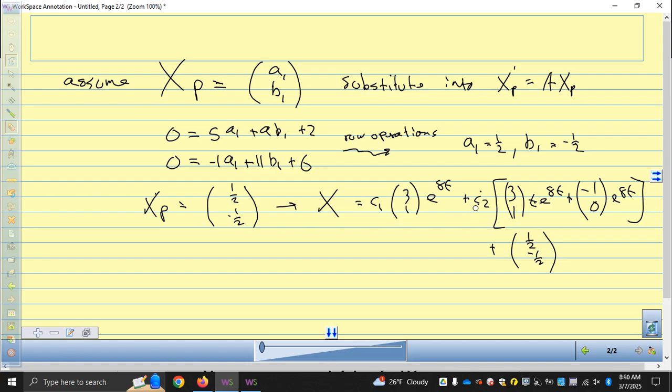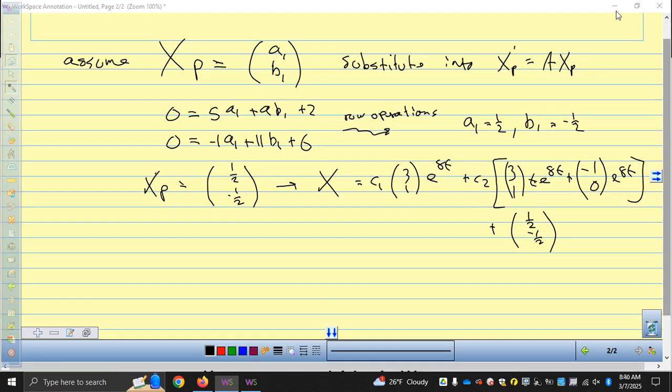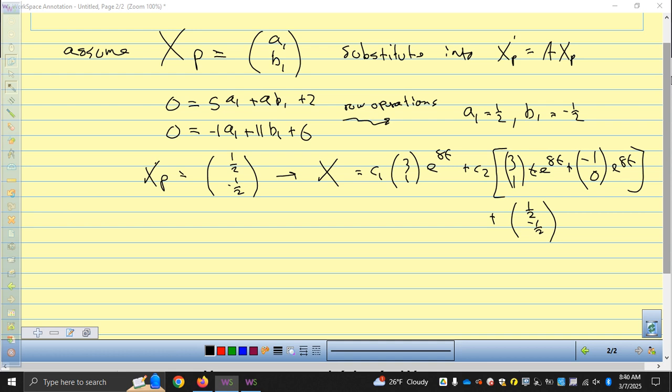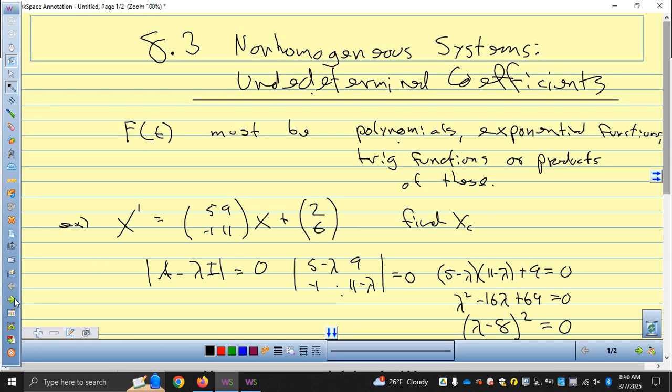All right, let's look at one more example, a little more complicated but still pretty simple functions. Any questions there? And again, we're using undetermined coefficients, which involves more systems of equations than we used just to solve the homogeneous equation.